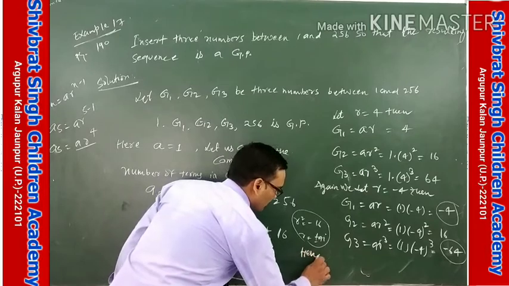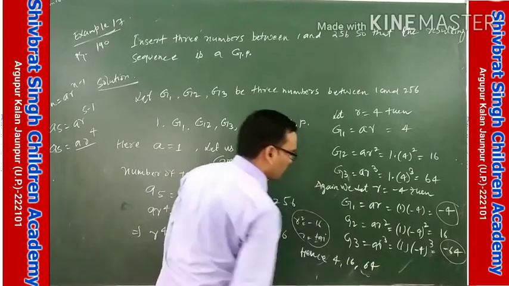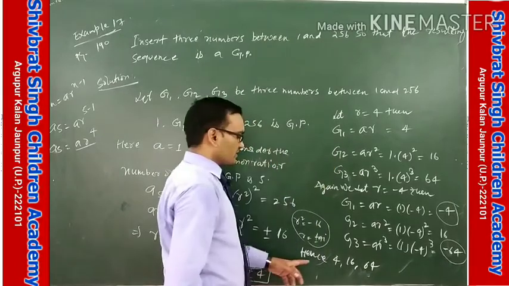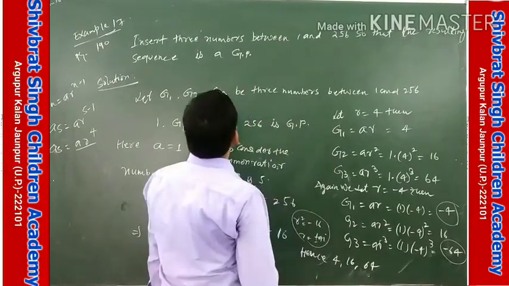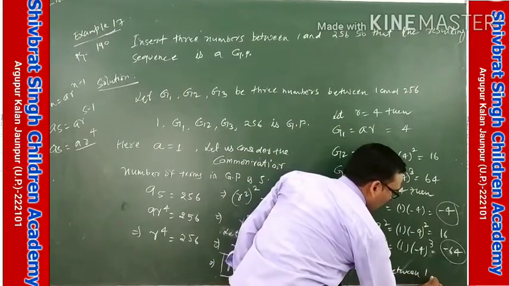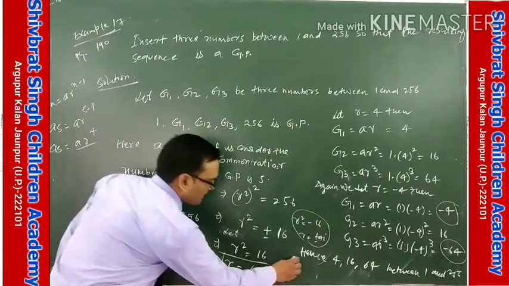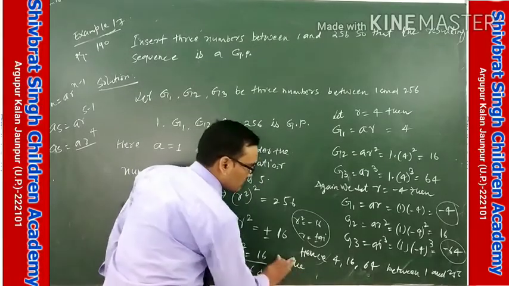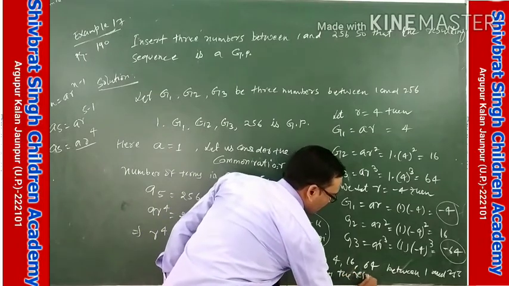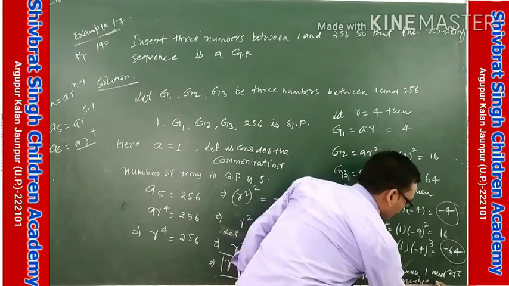Hence the three numbers 4, 16 and 64 between 1 and 256 make the resulting sequence a GP.